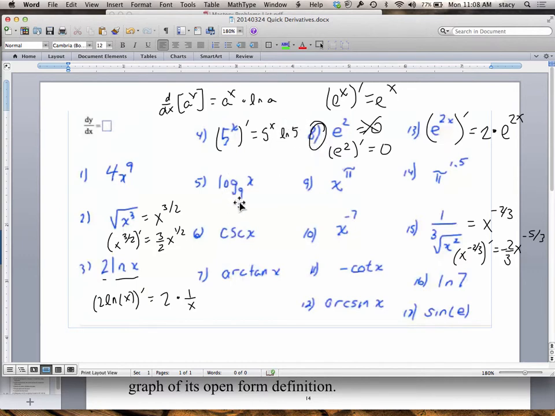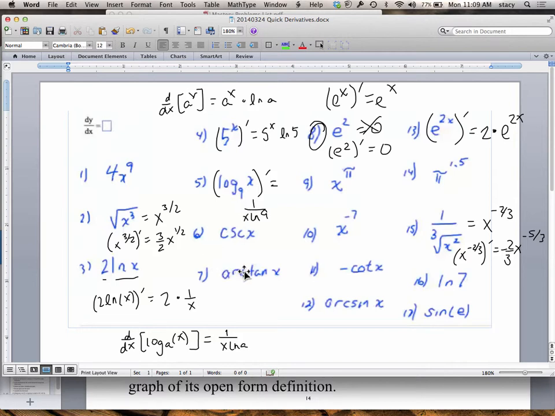And then this one uses a similar rule for the rate of change of log base a of x. Does anybody have that rule out? 1 over x natural log of a? Okay, cool. So then the rate of change of this function is going to be 1 over x natural log of 9, because the base here is 9. A is 9.